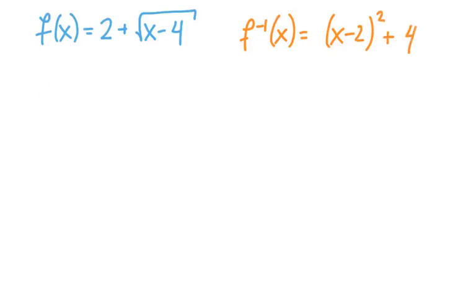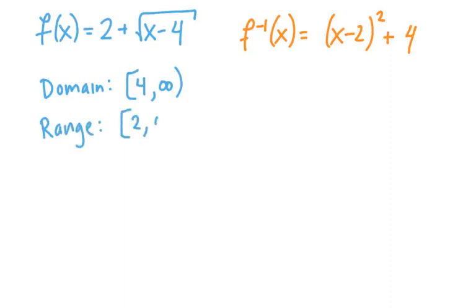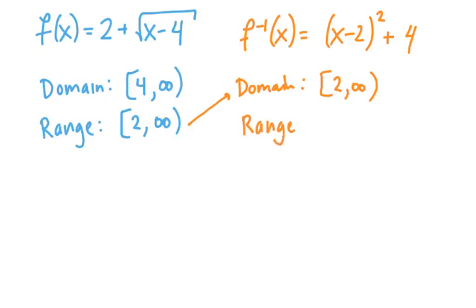We knew that the domain for f was 4 to infinity, and the range was 2 to infinity. That informed us immediately about the domain and range of f inverse. The domain of f inverse was just the range from f, and the range for f inverse was just the domain for f.